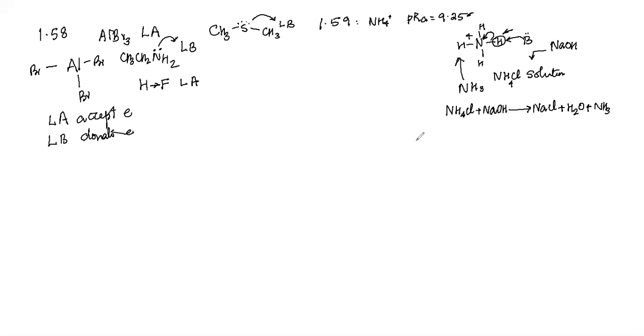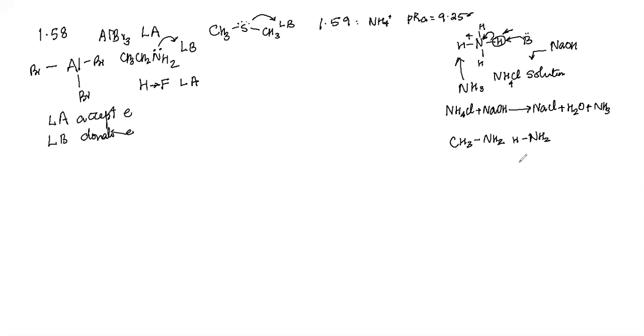Now, ammonium has a pKa value of 9.25, a lower pKa than methyl ammonium ion. Which is the stronger base, ammonia or methylamine? Now let us look at methylamine and ammonia.